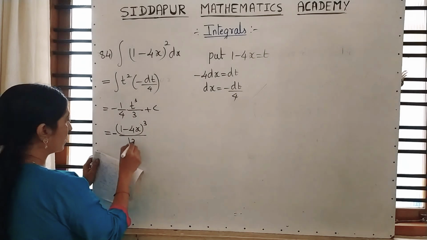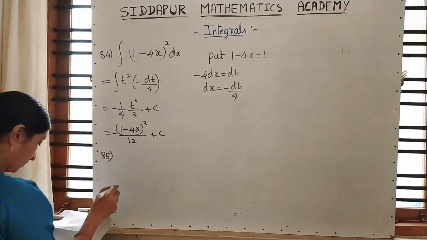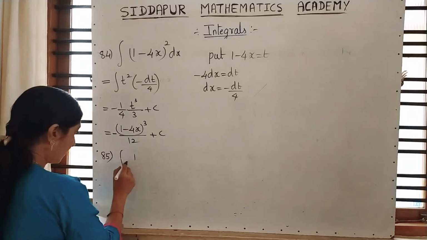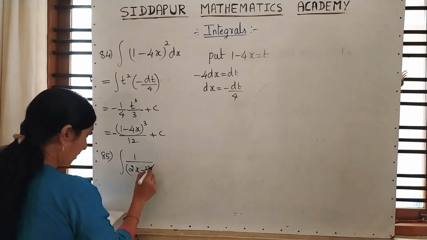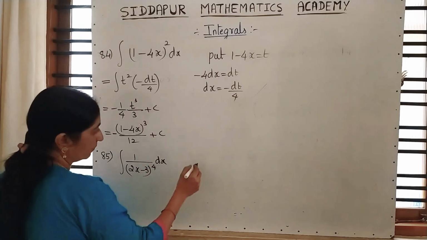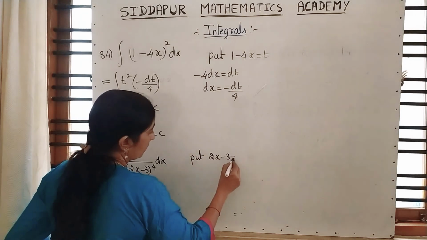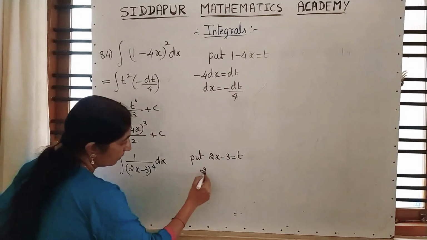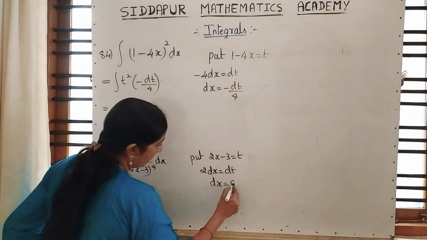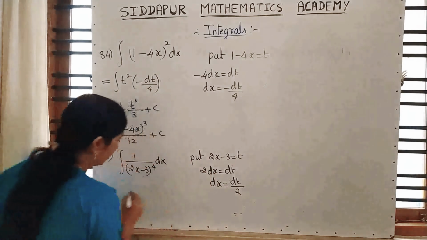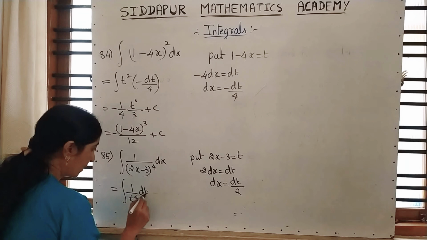Middle minus. Two x minus 3 raised to 4. So 2 is a constant, dx is equal to dt by 2.